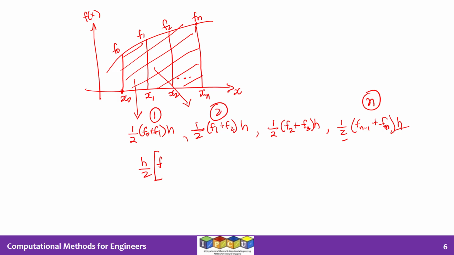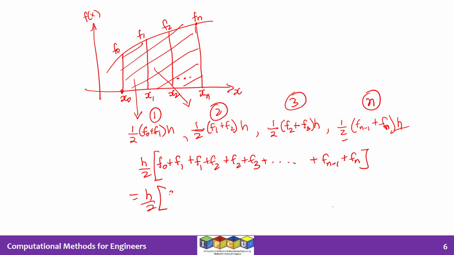Then I'm saying f0 plus f1 from the first trapezium, f1 plus f2 from the second trapezium, f2 plus f3 from the third trapezium, and so on until fn minus 1 plus fn from the last trapezium. So you will see this is the same as h by 2 times f0 plus, you have two f1s there, so 2f1. Then you have 2f2 here, so plus 2f2.